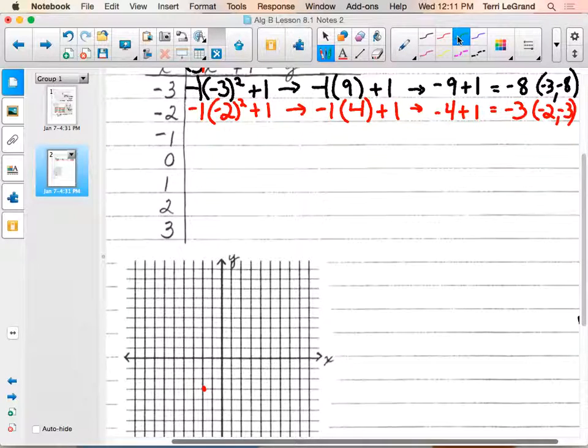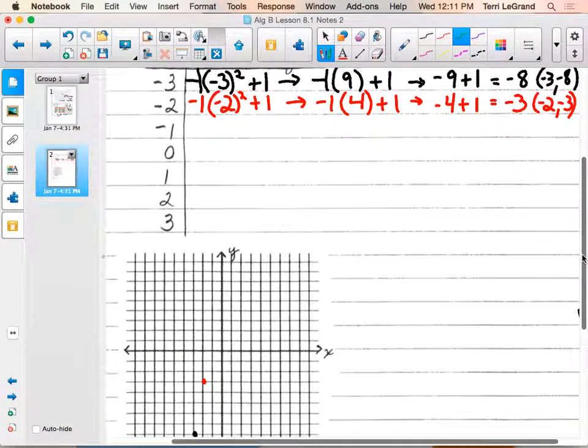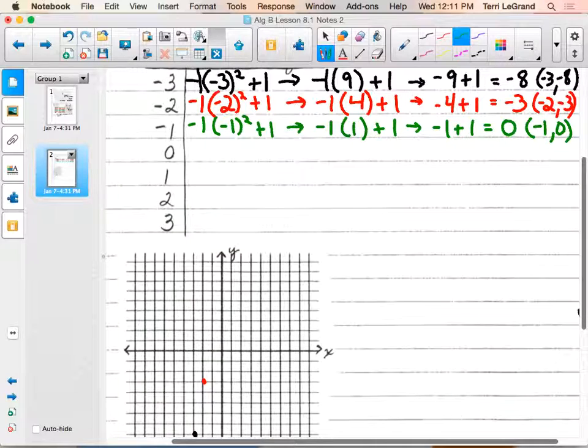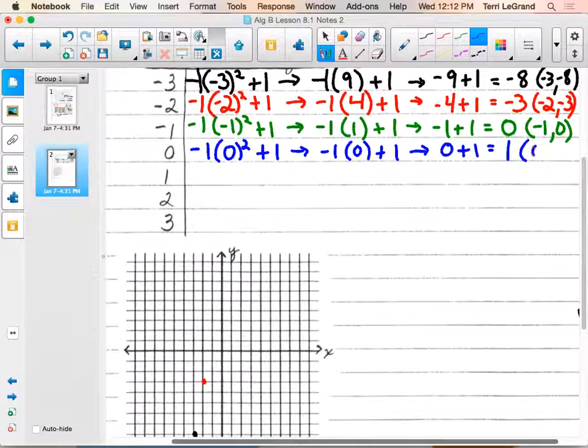Okay, and then you can just go ahead and keep filling out that table, and I'll do it up here if you need to glance up quick to see if you're doing it right. So mine are out there just for you to check your work with, okay?